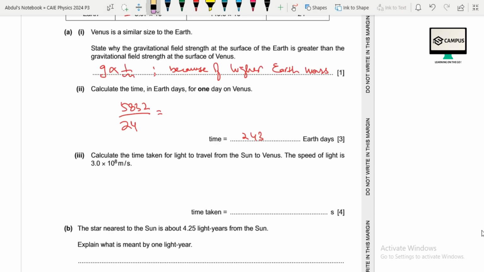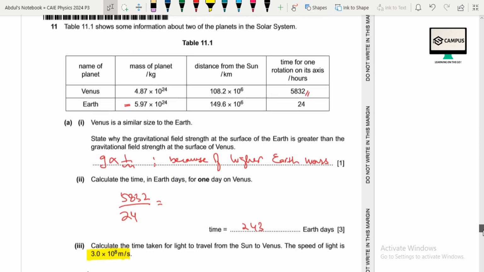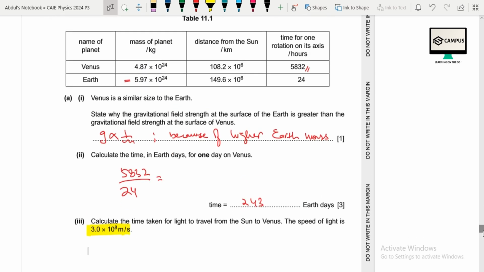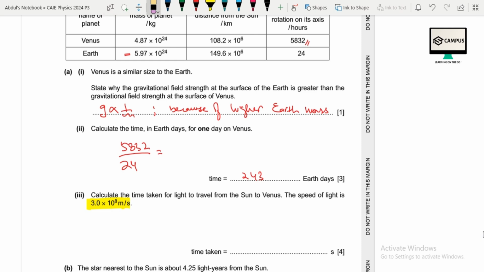Moving on to sub part three of part A. Calculate the time taken for light to travel from Sun to Venus, and the speed of light is given, that is 3 times 10 to the power 8 meter per second. From the table above, we can see that the distance from Sun to Venus is 108.2 times 10 raised to the power 6 kilometers. So we can find the time by dividing the distance, 108.2 multiplied by 10 to the power 6, but that is in kilometers.